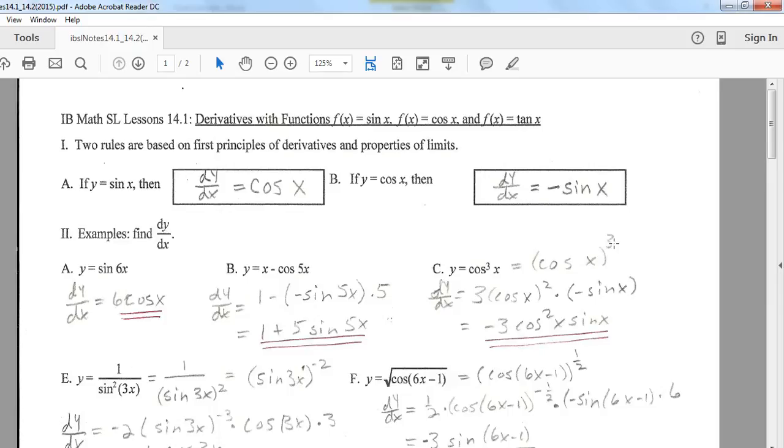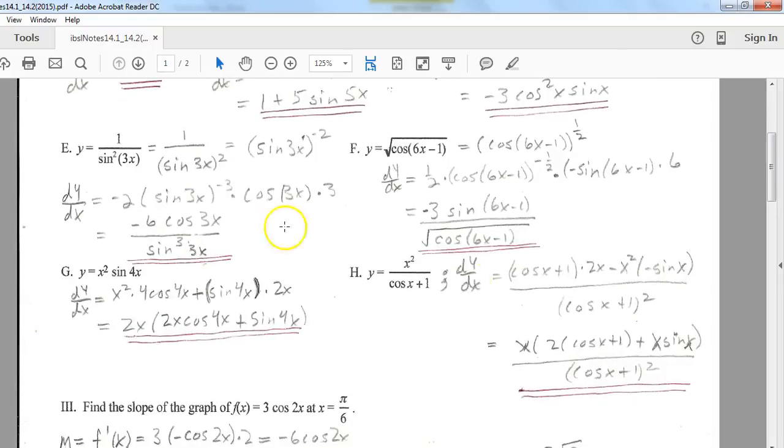And so if we use our power rule on this, we multiply the 3 to the front and subtract 1 from the exponent, and it is now to the second power. But again, you have an interior function right here. This is chain rule. So if you multiply by the derivative of the interior function, you get negative sine x. And so if we bring that all together, here is the proper way to write that answer.